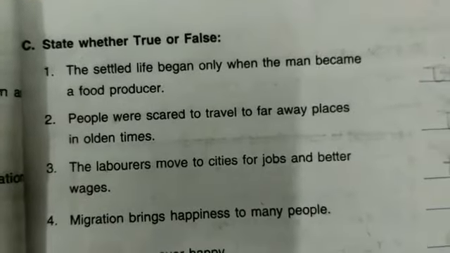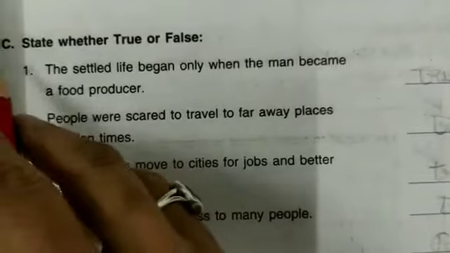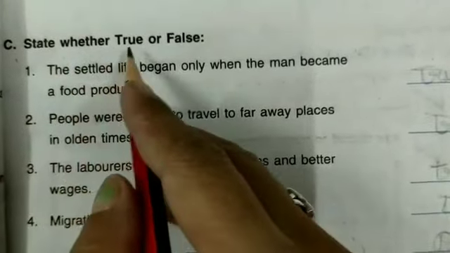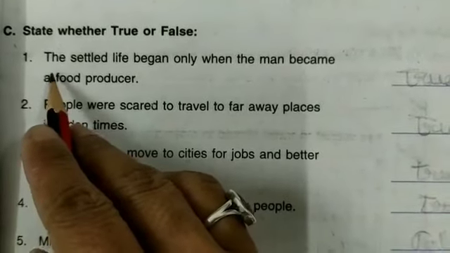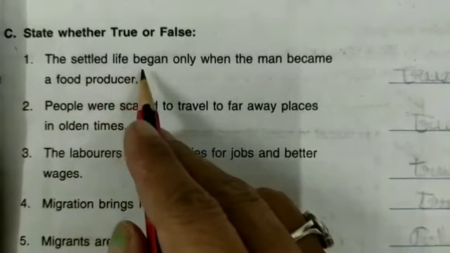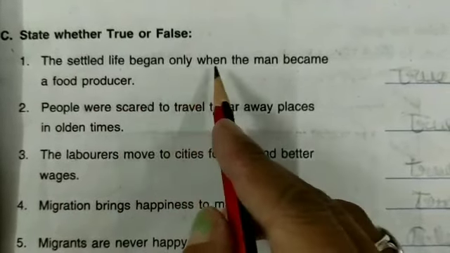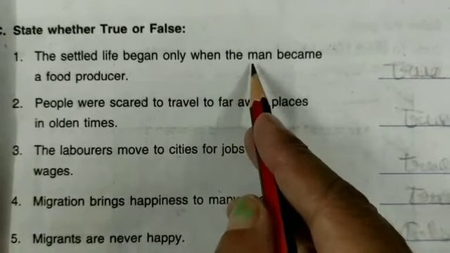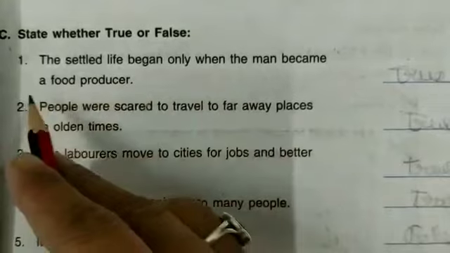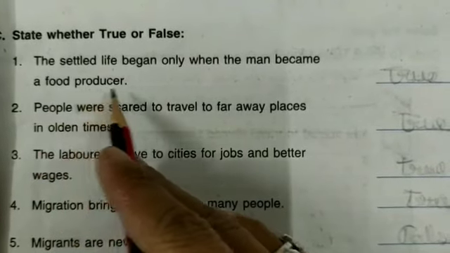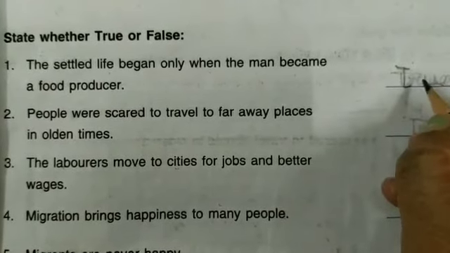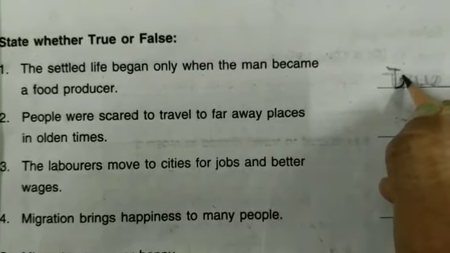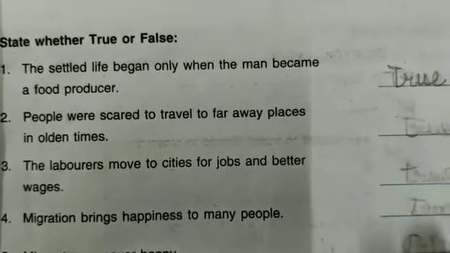Now I am going to discuss the exercise with true and false. Exercise C, state whether true or false. A. The settlement life began only when man became a food producer. The answer is true. When they settled, they produced food.